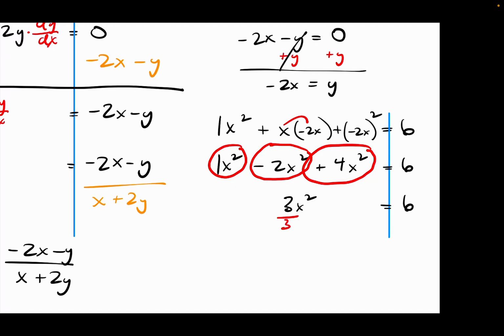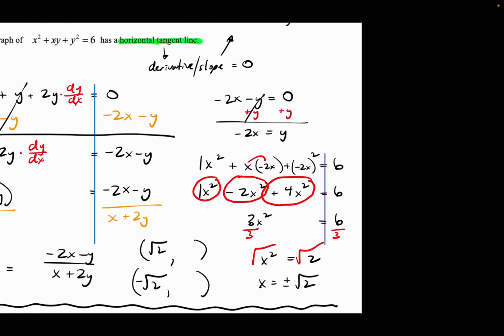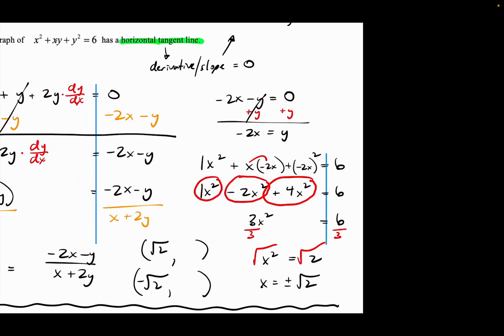Divide by 3. x squared equals 2, right? So square root of 2 equals x. So you're going to get two answers, positive and negative square root of 2. So we're going to get positive square root of 2, negative square root of 2. We just got to find y now.